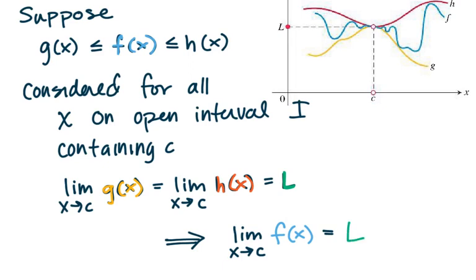Since h and g pinched at that one point, one above and one below, they have now sandwiched f in between them, and f must also go to that point. Okay, so that's what the sandwich theorem says.